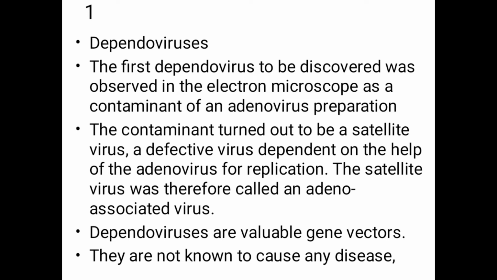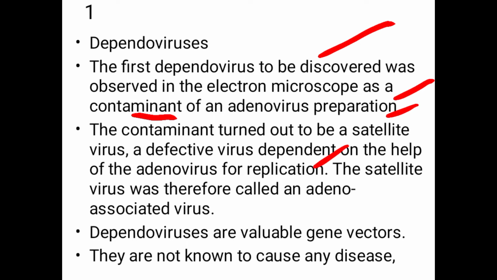Actually, the first dependovirus discovered, which was observed in the electron microscope, was a contaminant in an adenovirus preparation. This contaminant turned out to be a satellite virus. A satellite virus is a defective virus dependent on the help of the adenovirus for replication.